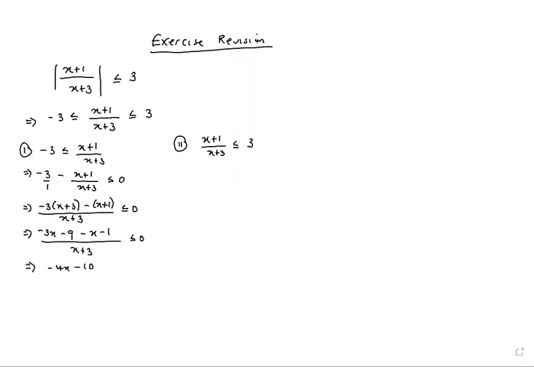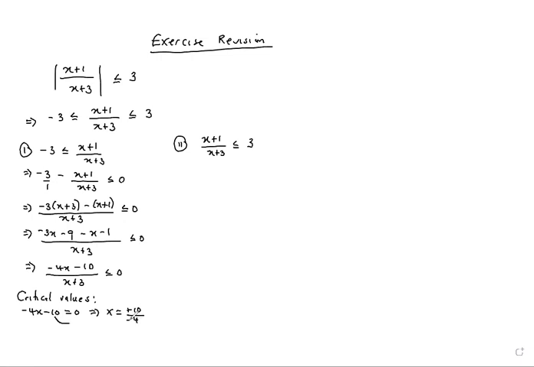Okay. Over the denominator, x plus 3 less or equal to 0. Then we said that whenever you have a fraction, you look for the critical values. There's no cross multiplication. So you get the numerator, equate it to 0, and obtain the value of x, which is -10, actually +10 over -4.